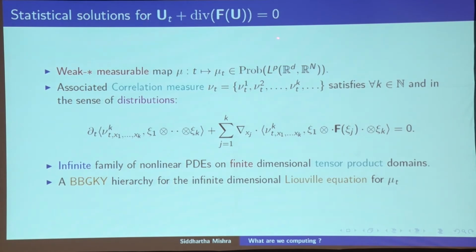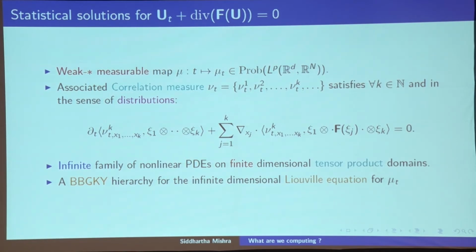So for a system of conservation laws, it's a weak star measurable map from time to probability measures on LP, such that, remember that these probability measures on a function space are completely equivalent to these finite dimensional correlation measures, a whole family of them, such that it satisfies these tensorial equations in the sense of distributions.